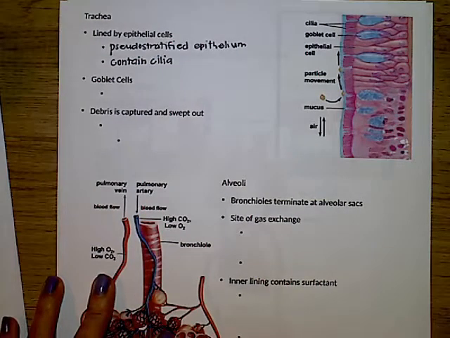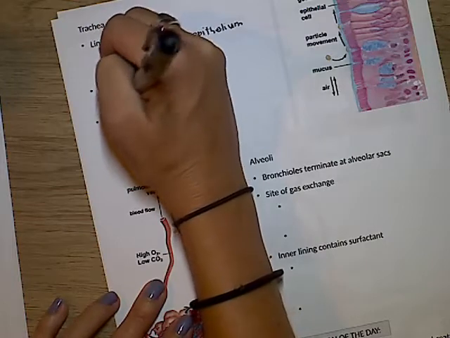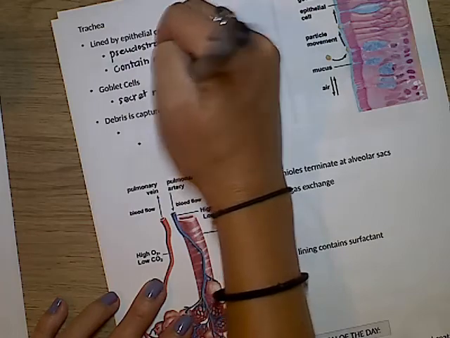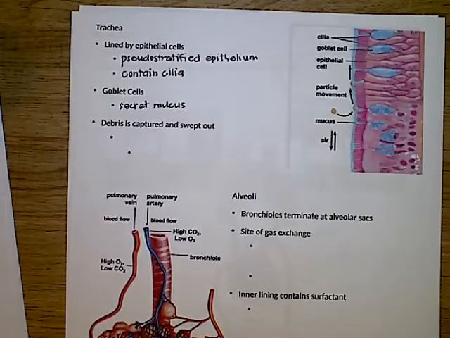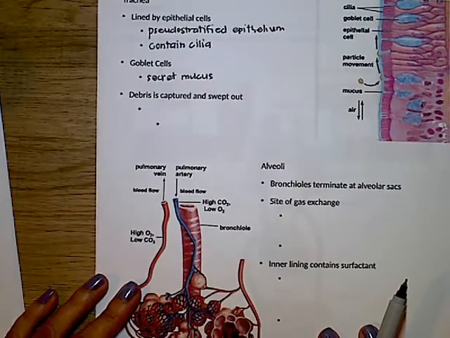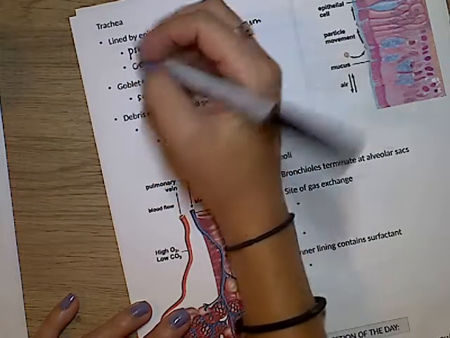And the goblet cells, what a name, I'm assuming because they're shaped like goblets, secrete mucus. This helps trap dirt and particles that shouldn't be in your respiratory system so they can be swept out and coughed out. So debris is captured and swept out. Mucus traps particles and cilia move them up and out.